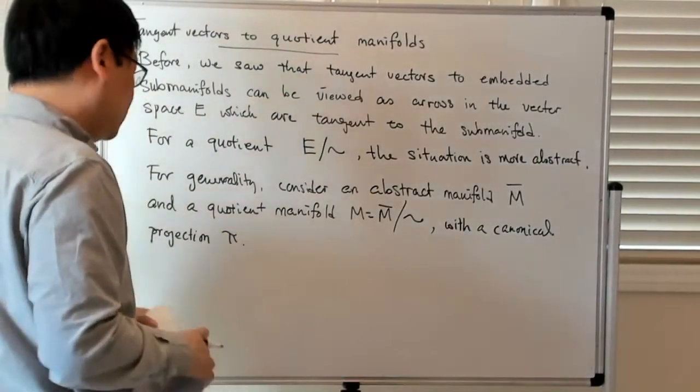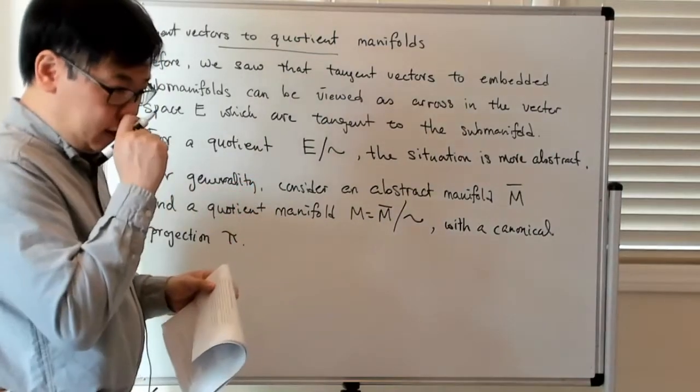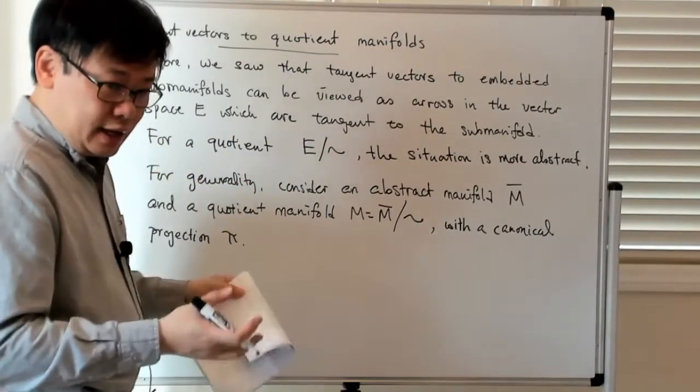If you recall, what the canonical projection does is to take an element of M bar and associate it with the equivalence class which contains that element.